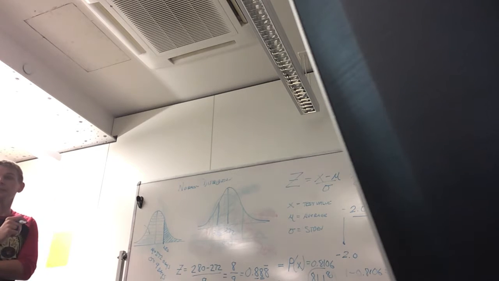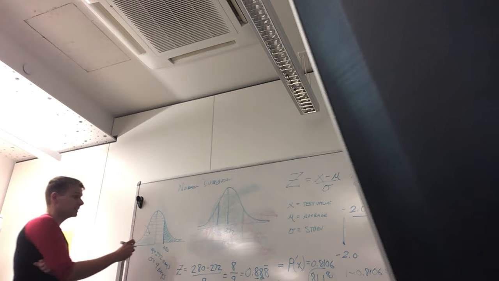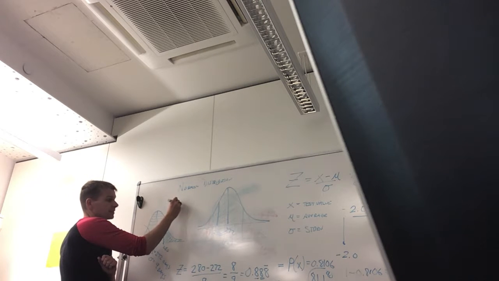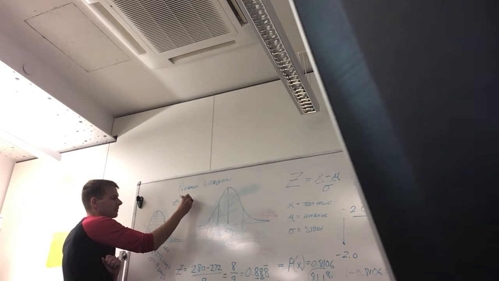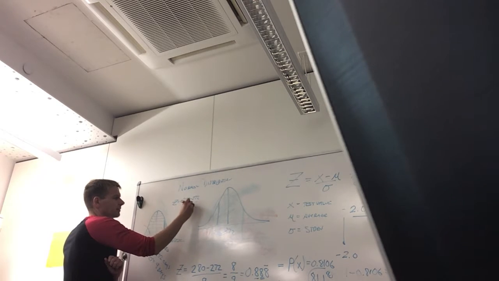All right. Now we need to calculate a new z-value. Z in this case is equal to 250 minus 272 divided by 9.